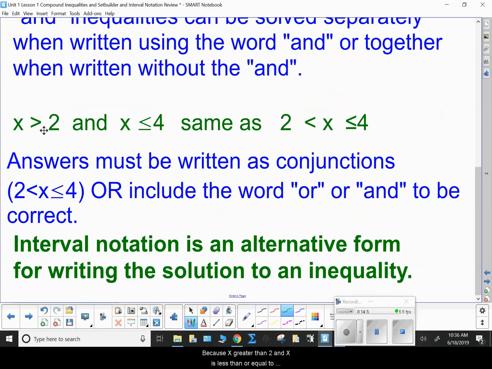Notice x greater than 2 and x less than or equal to 4 is the same thing as 2 less than x less than or equal to 4. Answers must be written as conjunctions or include the word or and to be correct. Interval notation is an alternative form of writing the solution to an inequality. Okay?